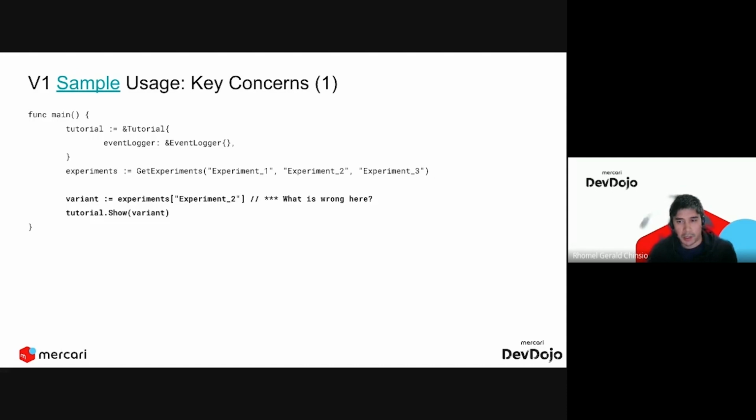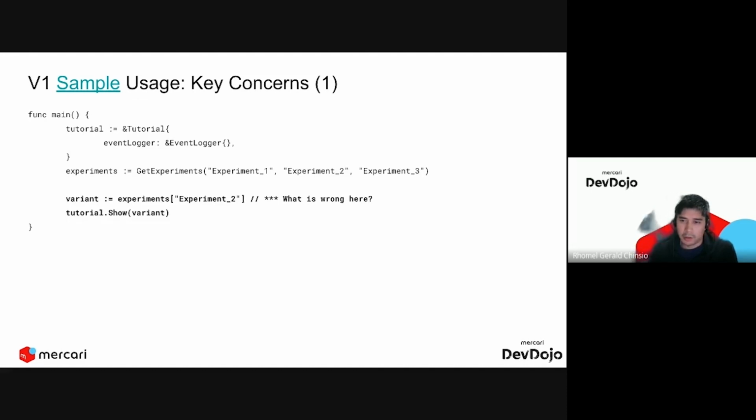So this applies to any code. It can be iOS, Android, Java, Swift, Python, it doesn't matter. And the key hint is that get experiments performs a network call. So network down.